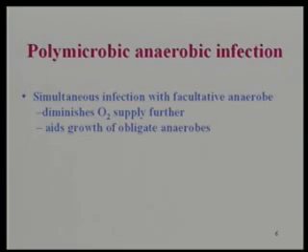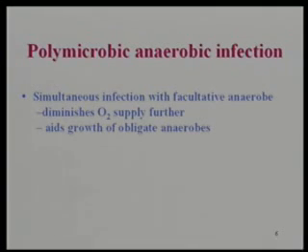And this is why the word polymicrobic is such a big deal. Because what seems to happen is that there's a simultaneous infection with a facultative anaerobe, usually, because there aren't that many strict aerobes around. Most organisms of medical importance are facultative anaerobes. But anyway, it could also be an obligate aerobe. But these other bacteria growing in this polymicrobic infection, along with the strict anaerobes, presumably change the oxygen concentration in this damaged area.